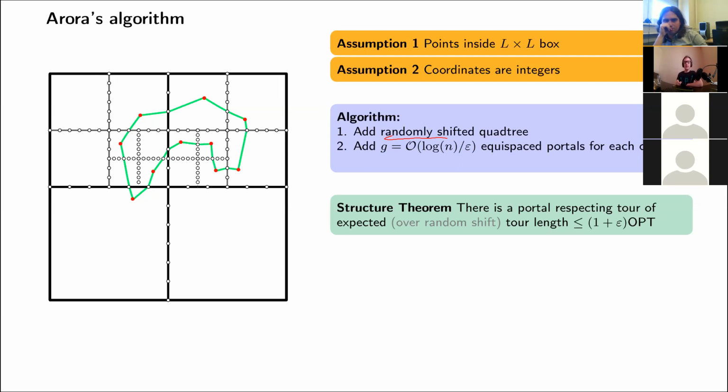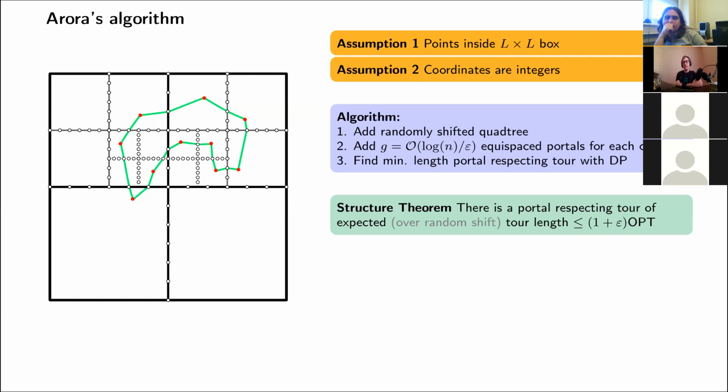This is the structure theorem of Arora. So now we know that we can look only for the portal respecting tour. What we need to do is find this minimum length portal respecting tour by using this DP.